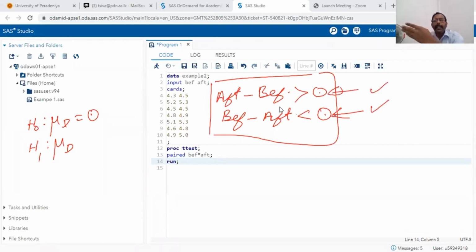After minus before greater than 0 means there's an effect of the hormone. Before minus after less than 0 also indicates there's an effect of the hormone. So both are correct. So it depends on whether this is greater than 0 or less than 0. It depends on how the computer calculates.